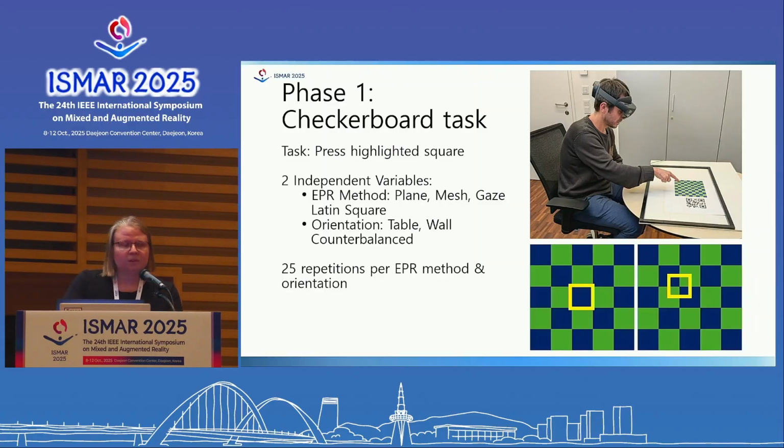There were two independent variables, obviously the eye perspective rendering method, and also for the checkerboard, the orientation, as we were interested in the effects of the viewing angle. For each combination of eye perspective rendering method and checkerboard orientation, the user had to repeat this press-the-correct-square task 25 times.